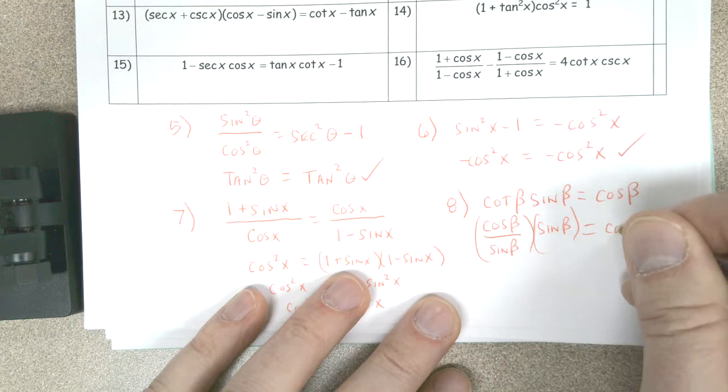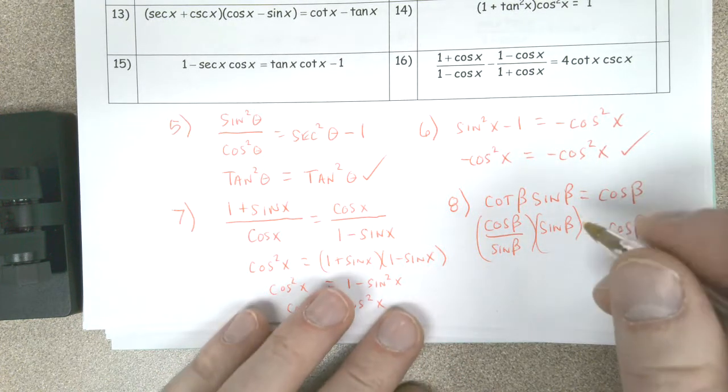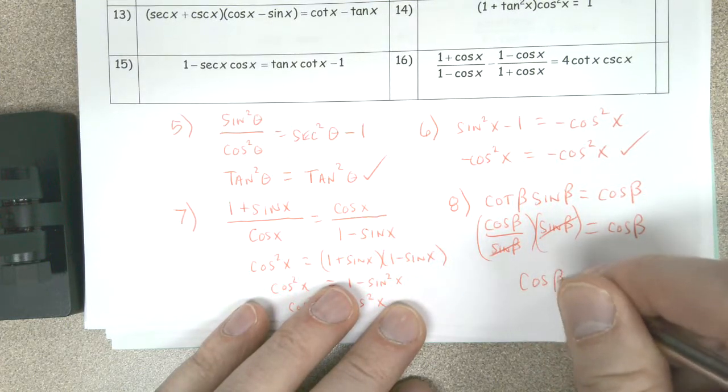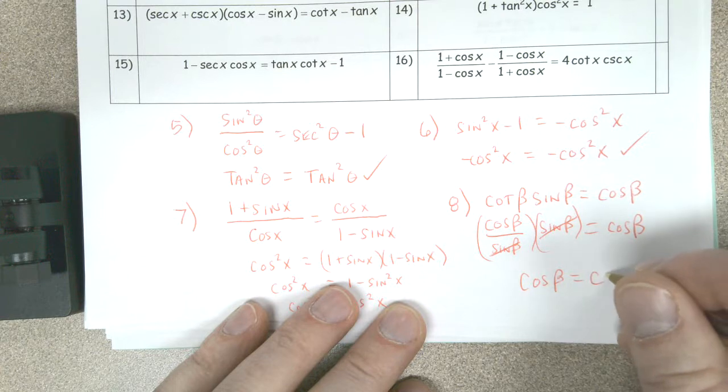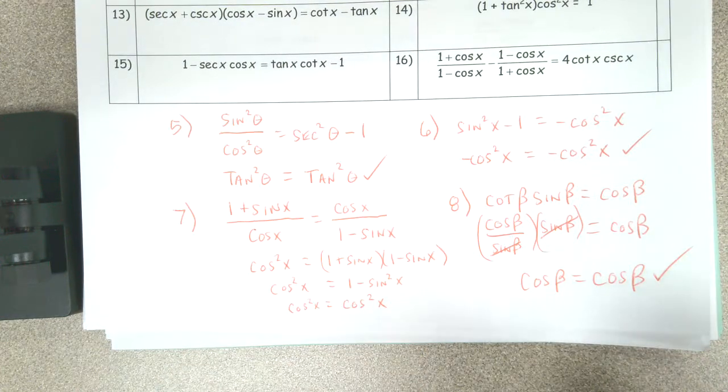There's not really much we can do with the right side. Then you notice the sines will cancel here, so we're left with cosine equal to cosine. So there we have verified that the left side and the right side are exactly the same.